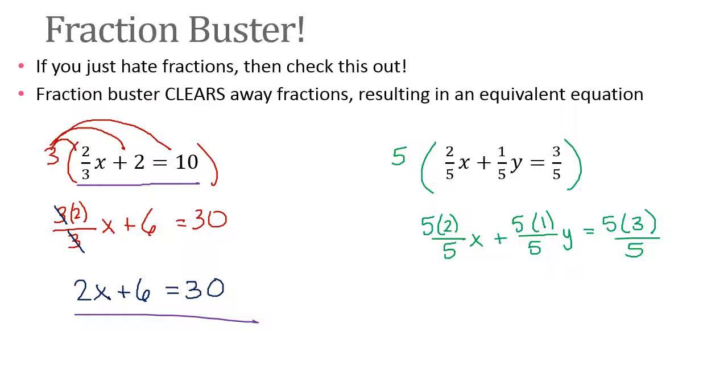Notice the 5's divide out, leaving us with 2x plus 1y, or just y, is equal to 3. It's the same equation, it just looks a little bit different. We're going to use this fraction buster when we work with quiz question number 5 to help us out.